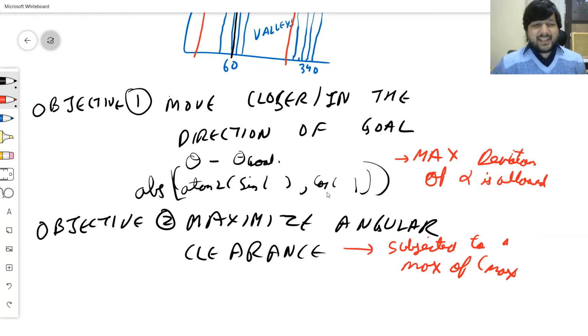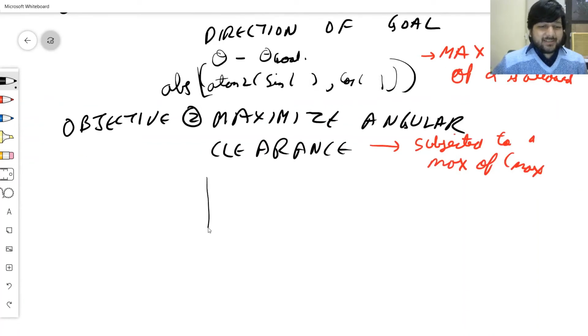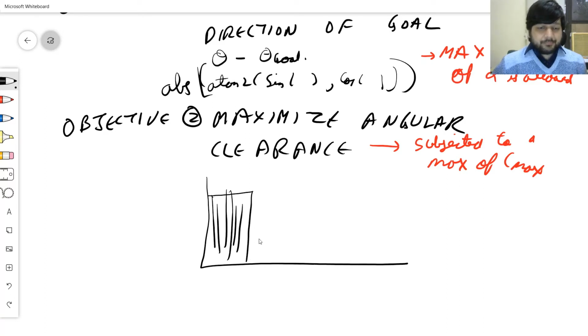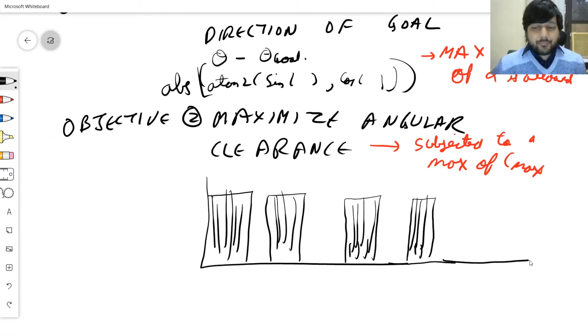Now I guess the one that I drew is too simple, so let's draw a little bit more complicated angular range. Lots of obstacles, lots of free regions, and some very free regions.